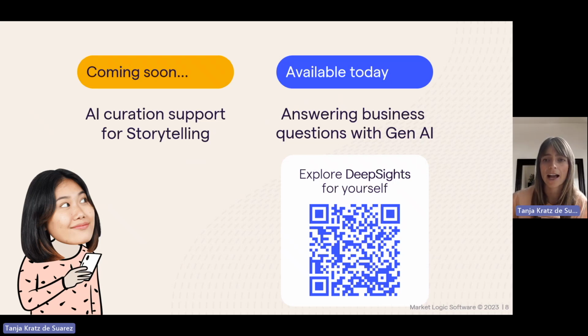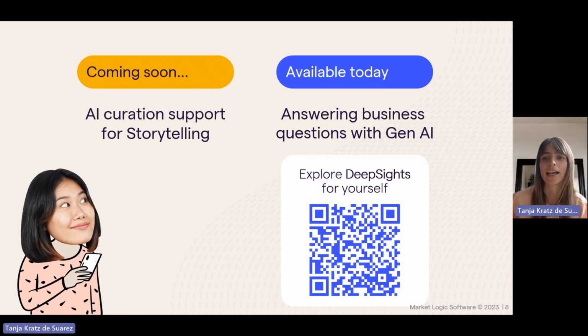Now, we already have available today our AI assistant for trusted insights. It's called DeepSights. You have seen this earlier in the demo from Sabrina. So you can ask natural language questions and get immediate answers that are based in your knowledge and your data.